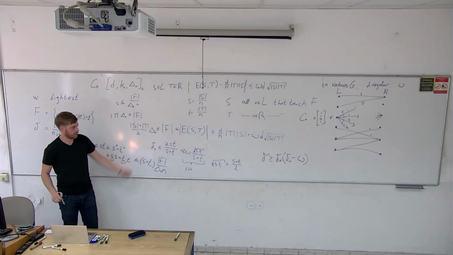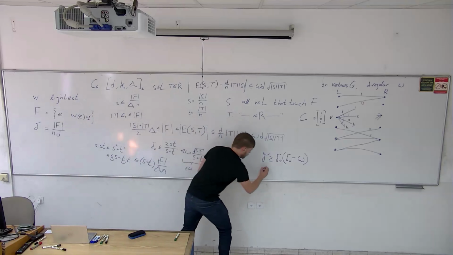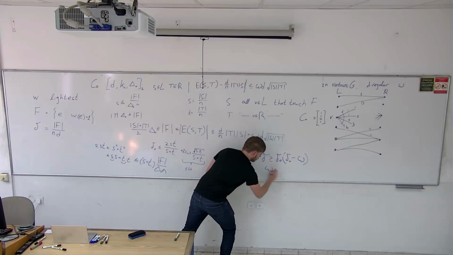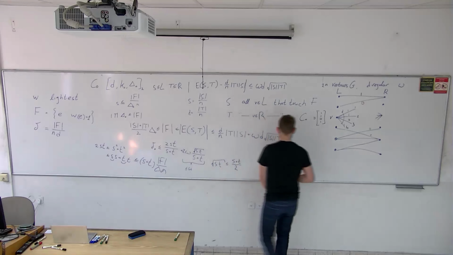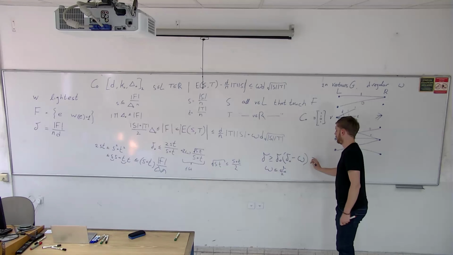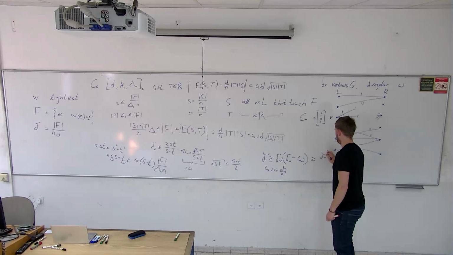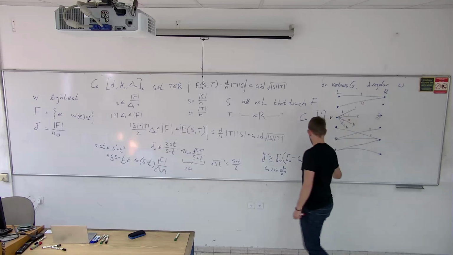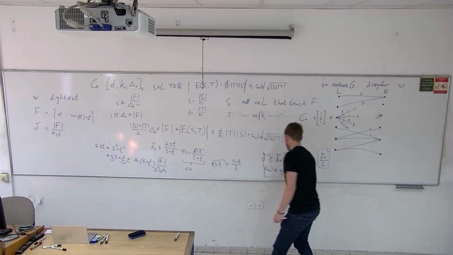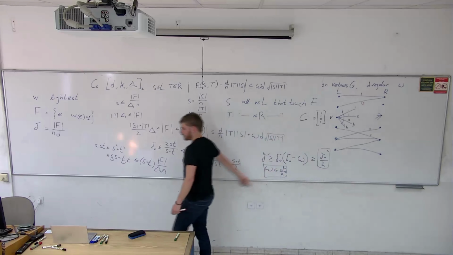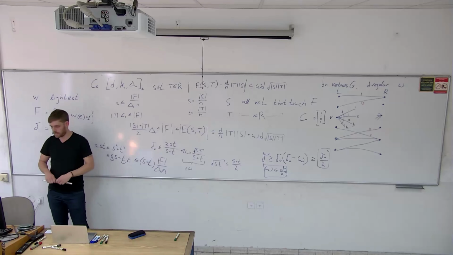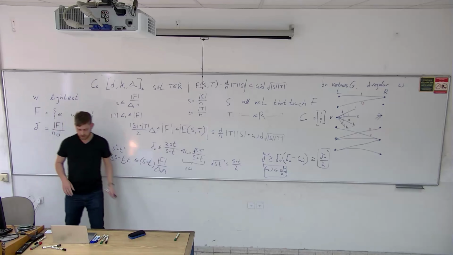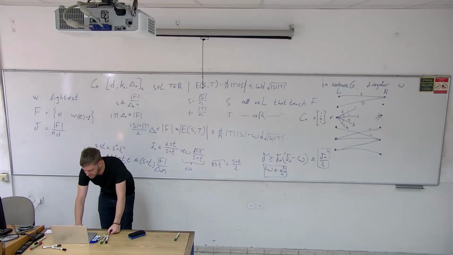And now I want to assume that we have a good expander, which will give me this. This is my assumption about the expansion, and I'll get a lower bound on the distance. So it was a little messy.